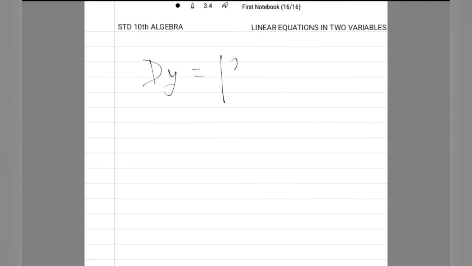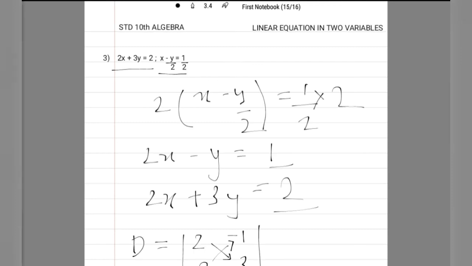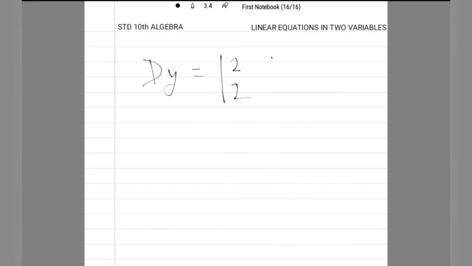That is, we write here 2 2, and then the y coefficients we replace with the constant coefficients, that is 2 and 1. So writing it, please don't change the order: the first equation remains the first and the second equation remains the second. Please don't change the order, it will make your answers differ.